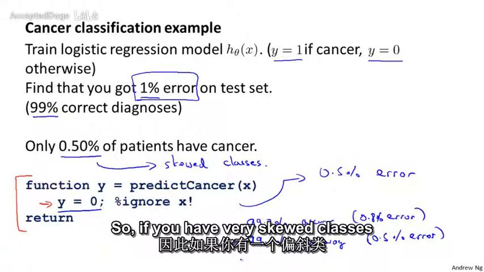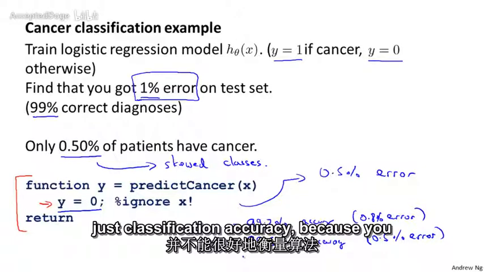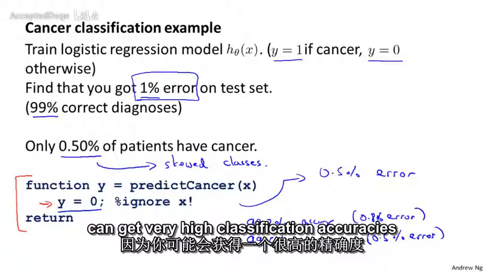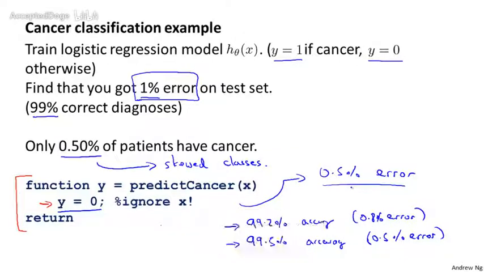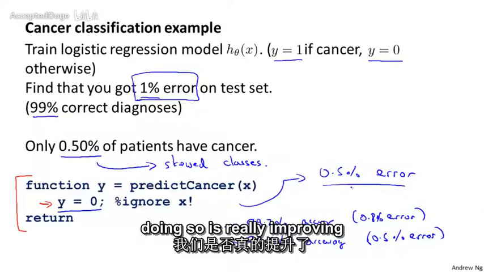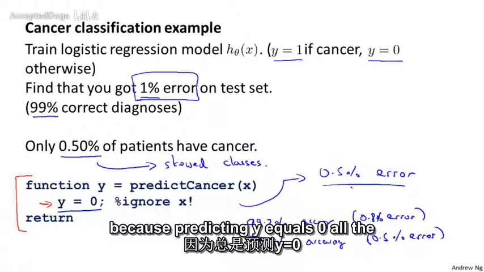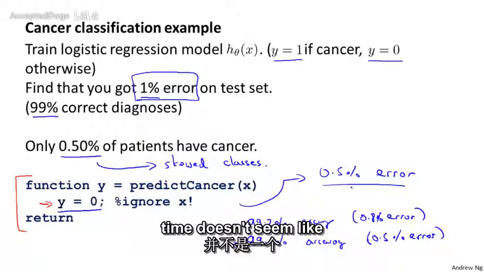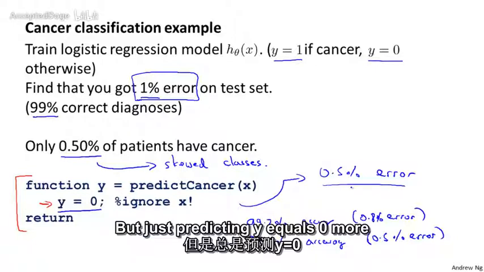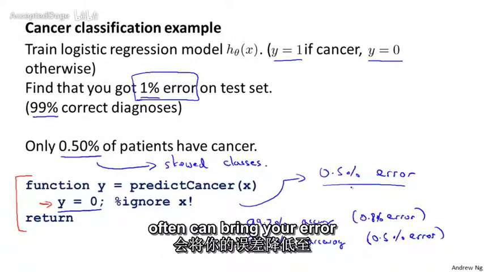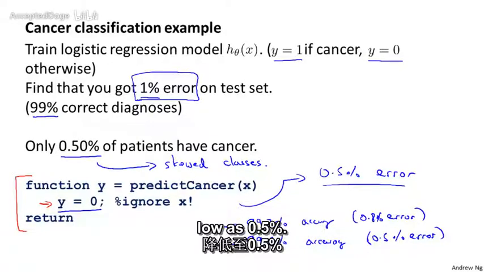So if you have very skewed classes, it becomes much harder to use just classification accuracy because you can get very high classification accuracies or very low errors, and it's not always clear if doing so is really improving the quality of your classifier, because predicting y equals 0 all the time doesn't seem like a particularly good classifier. But just predicting y equals 0 more often can bring your error down to maybe as low as 0.5%.